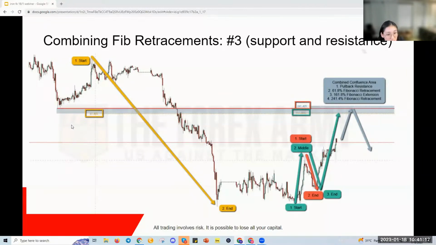This gives us 61.8% Fibonacci retracement, which lines up with the Fibonacci extension, which is over here. We can see the flash sign again in the green arrows.